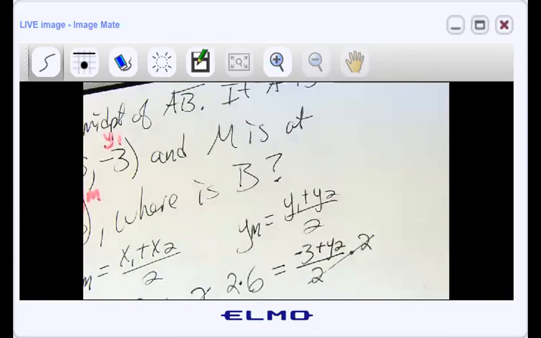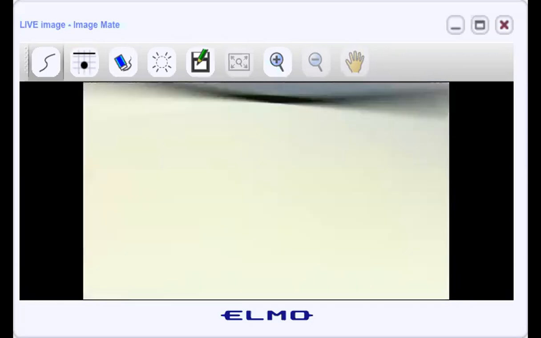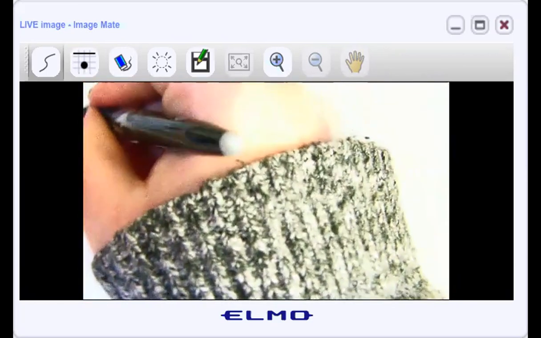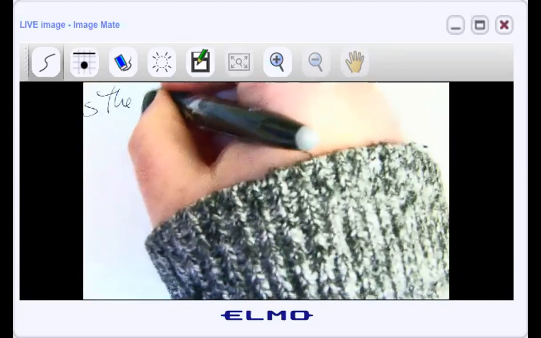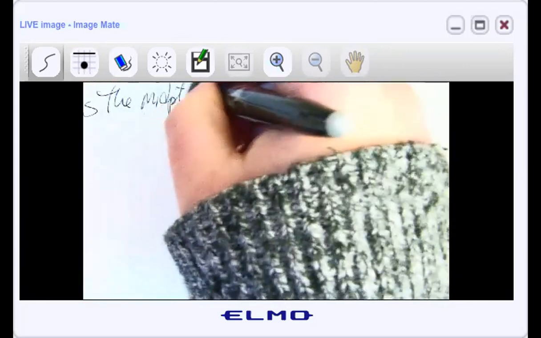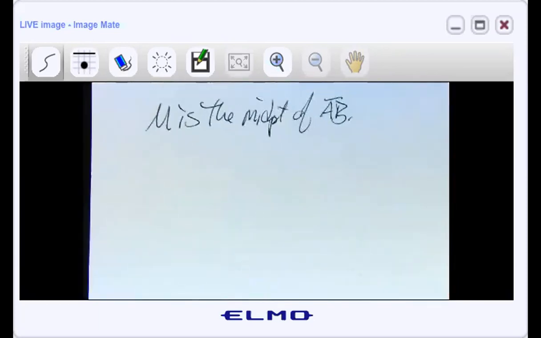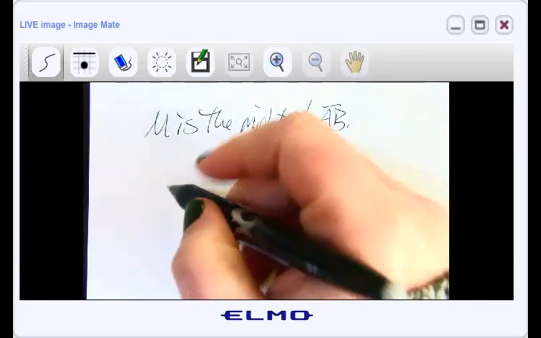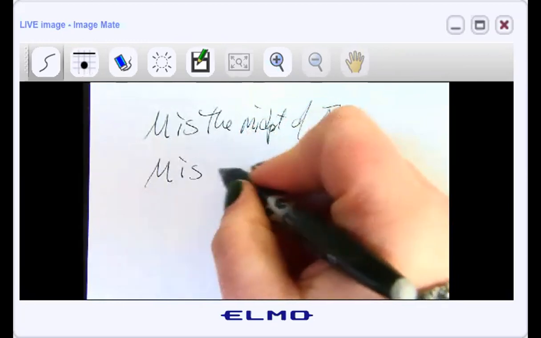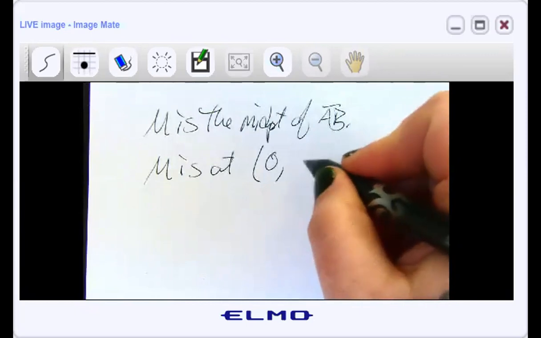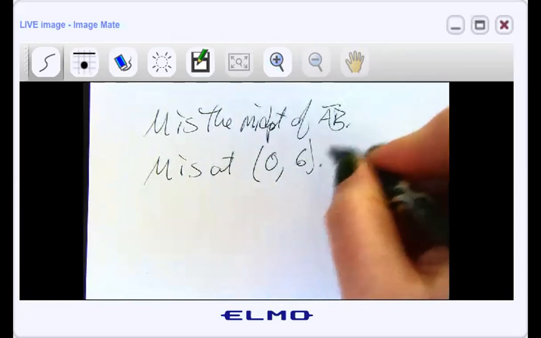Go to a new page. Again, M is the midpoint of AB. Okay, this time, M is at 0, 6.